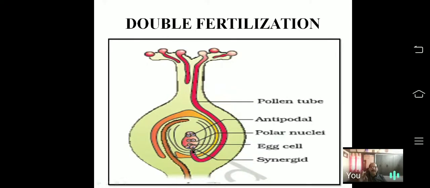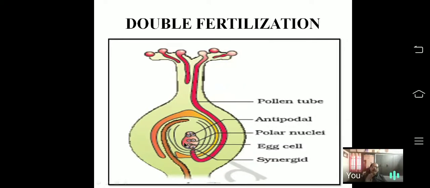After penetrating, the tip of the pollen tube will burst, so that it releases two male gamete sperms into the embryo sac. Now the two male gametes of the pollen tube are released into the embryo sac.